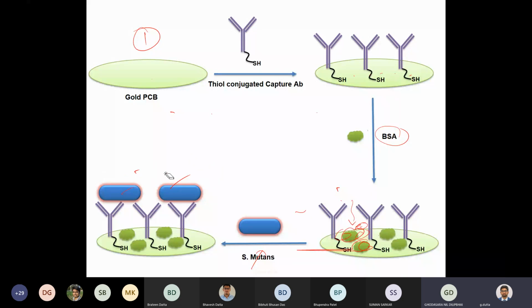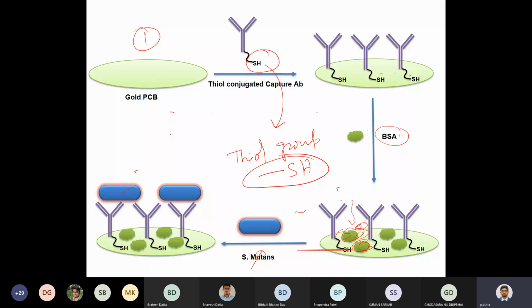See here, this one I am going to say SH. What is SH? SH is called the thiol group. This is a functional group, like COOH is called the carboxylic group and NH2 the amine group.